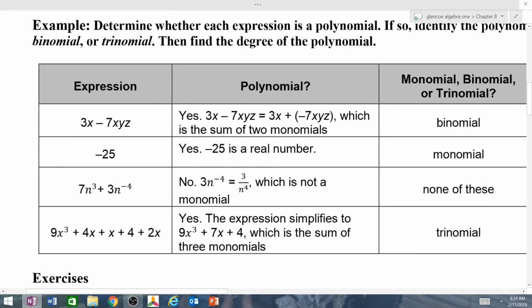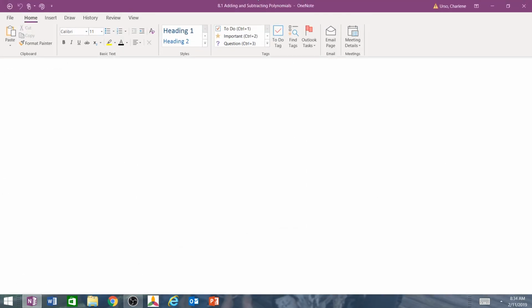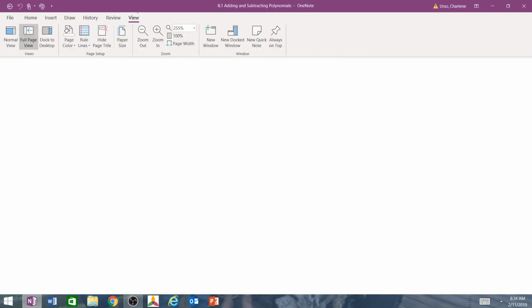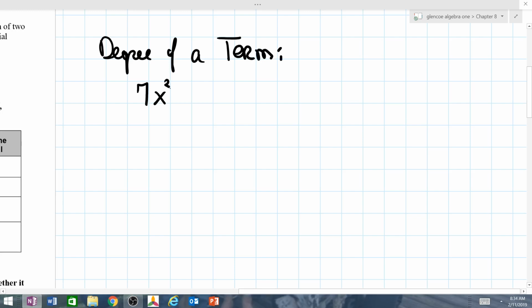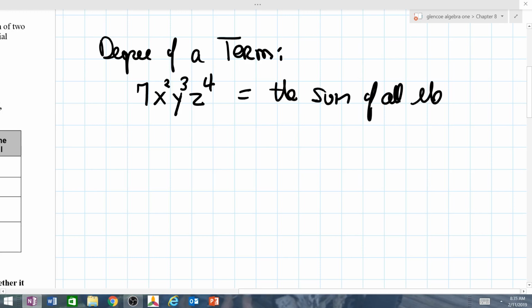Now we're going to talk about the degree of a polynomial here in a minute, but I'm going to take a little walk over here, and I want to just encourage you to listen and to watch how we would find the degree. So if I were just to give you a monomial, and it was 7x squared y cubed z to the fourth, it is the sum of all the exponents.